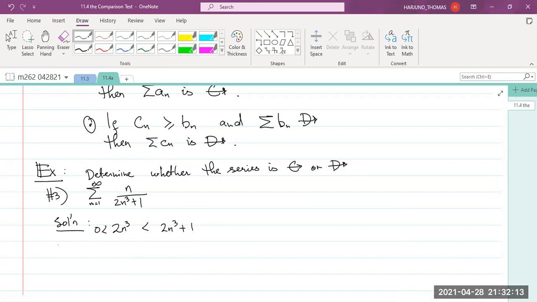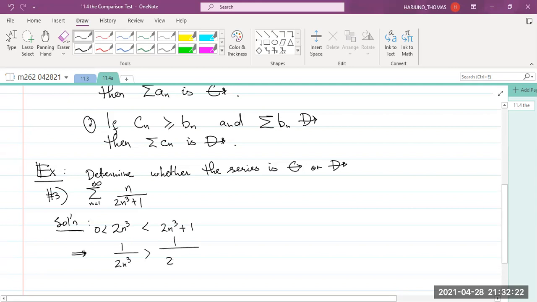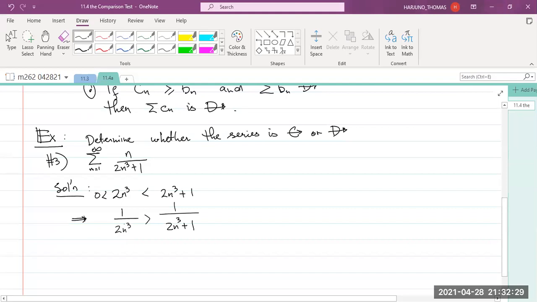But then if I do the reciprocal now, then 1 over 2n cubed must be greater than 1 over 2n cubed plus 1, right? And if you multiply by a positive number n, the inequality is maintained, right?